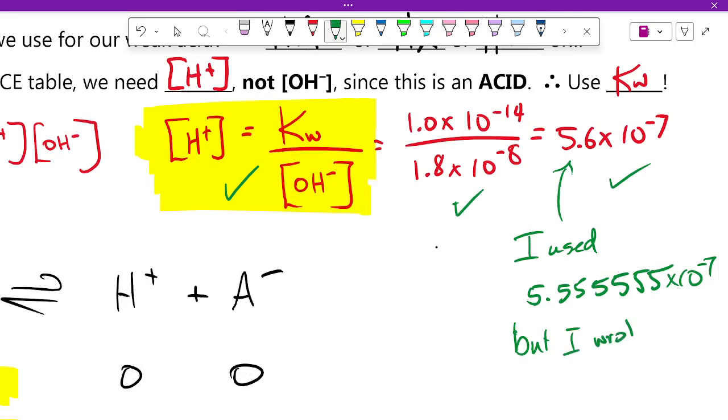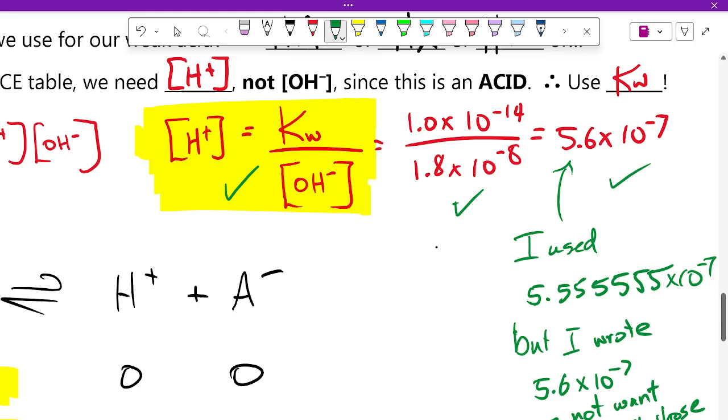I wrote 5.6 times 10 to the minus 7 because I didn't want to write all those numbers. And you can do that too.